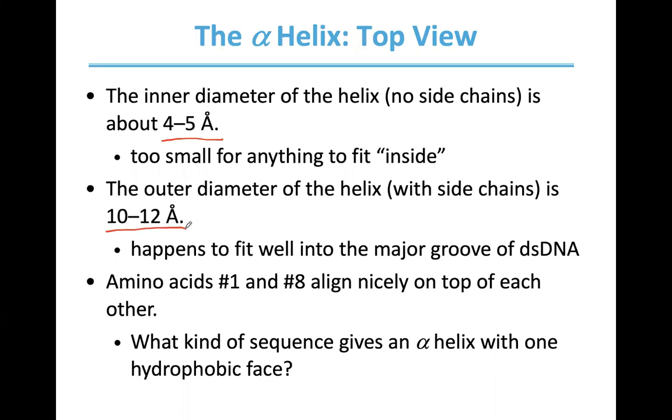So some things can get entangled in between the side chains. And so for example, one important consequence of that is that it fits well into the major groove. We'll talk about minor and major groove of double-stranded DNA. So what that means is that proteins in their alpha helix secondary structure can interact with DNA, right?